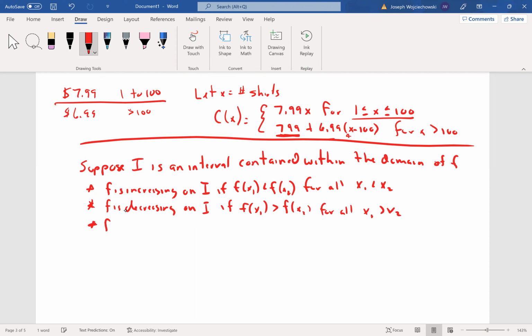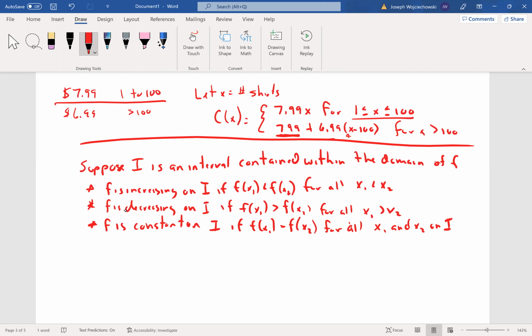And lastly, F is constant on I if F of X1 equals F of X2 for all X1 and X2 on I.